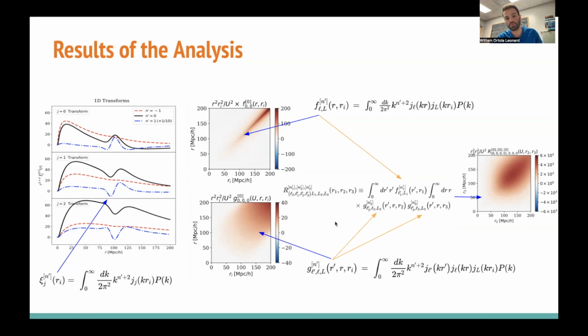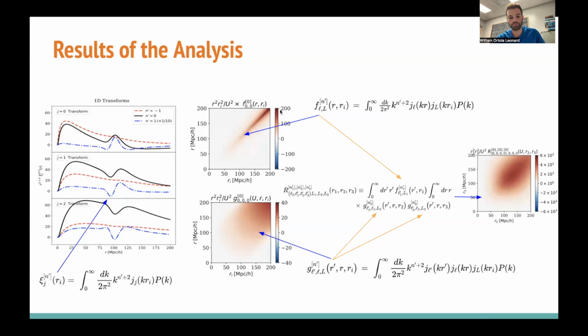Then on the right-hand side here, we have a radial integral, which depends on the 3 magnitudes of the vectors R1, R2, and R3. And this integral is given by intermediate integrals, which depend on 2 spherical Bessel functions and 3 spherical Bessel functions times power spectra.